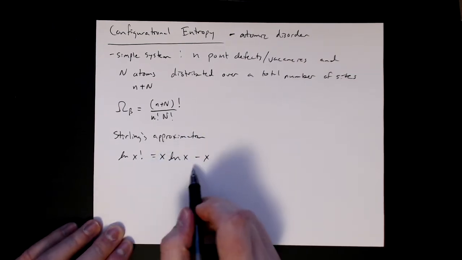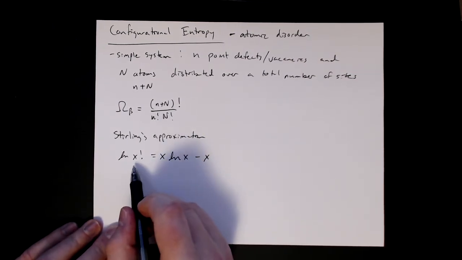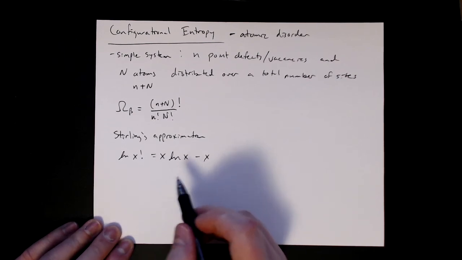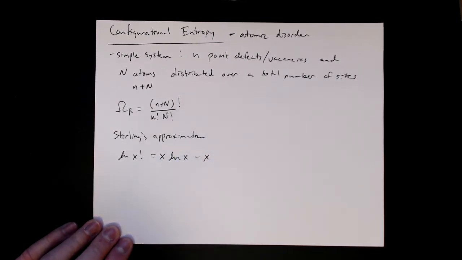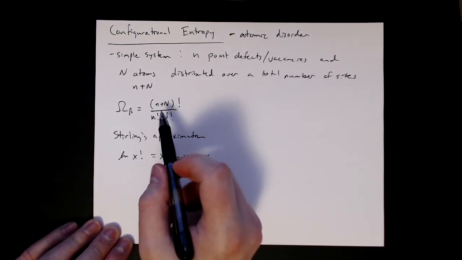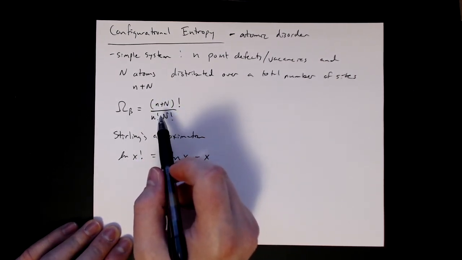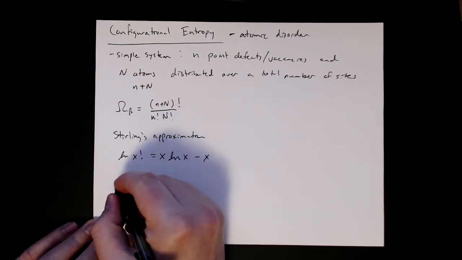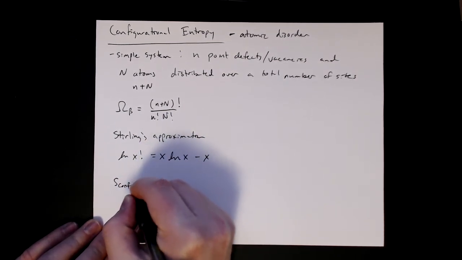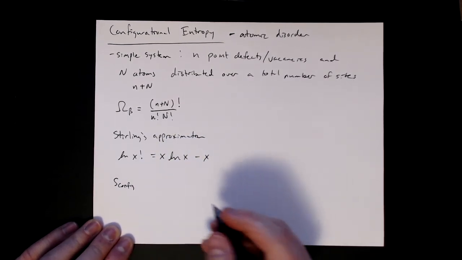So we're basically approximating this factorial by this expression. What that allows us to do is take this expression and the configuration definition up here and come up with Boltzmann's equation for configurational entropy for this simple system.